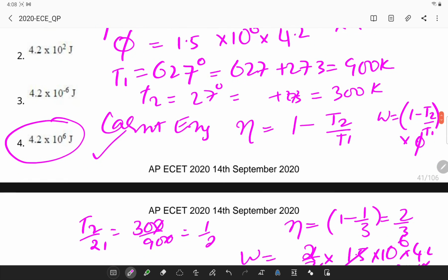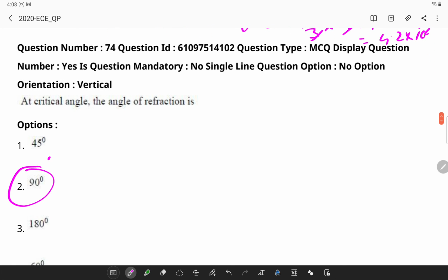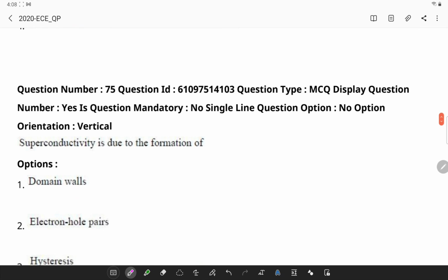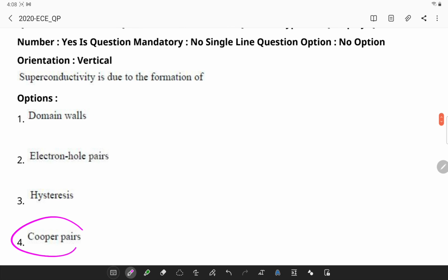So next, at critical angle, the angle of refraction is 90 degrees. This is a direct question. Next, superconductivity is due to the formation of Cooper pairs.